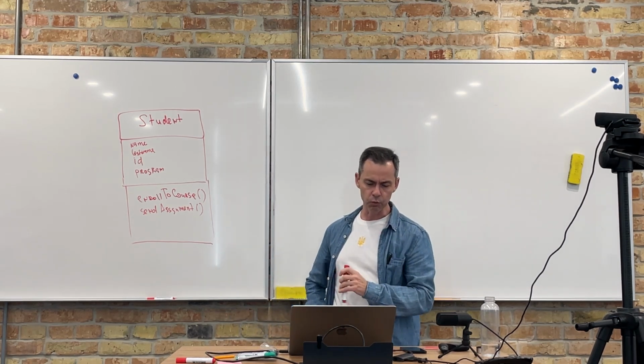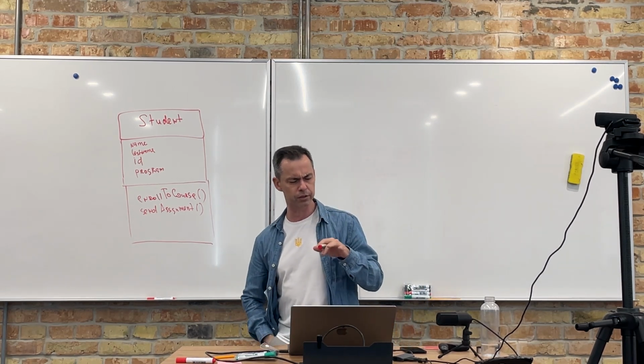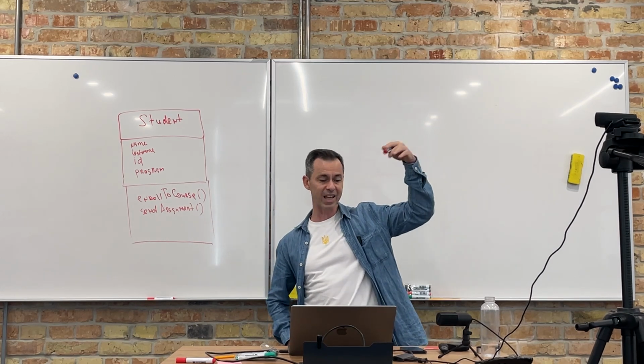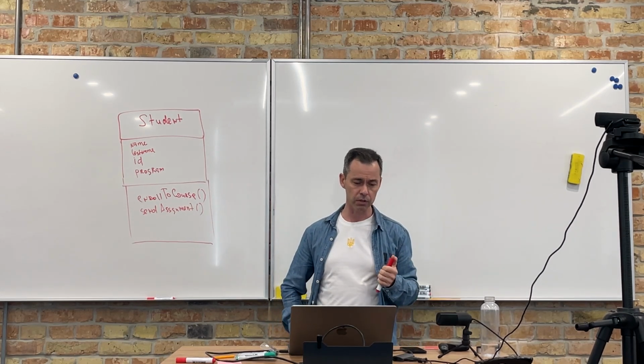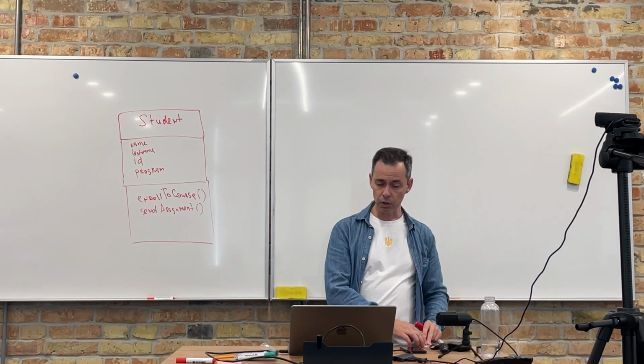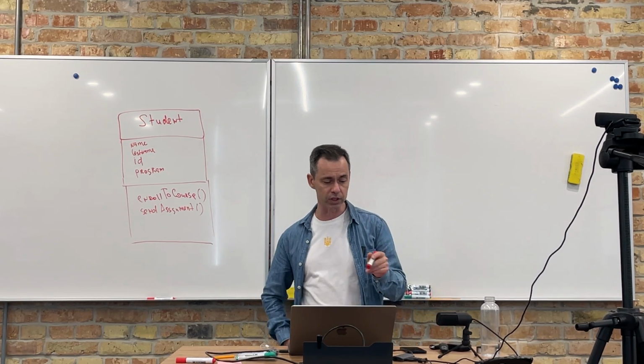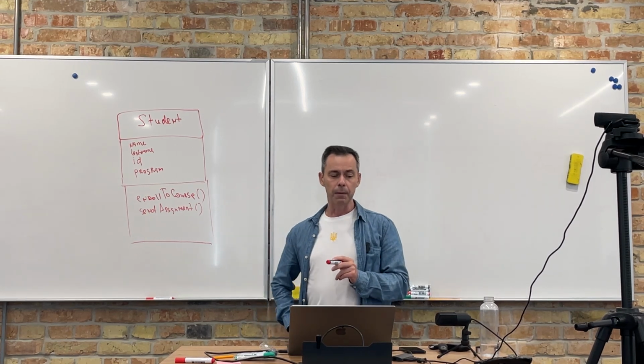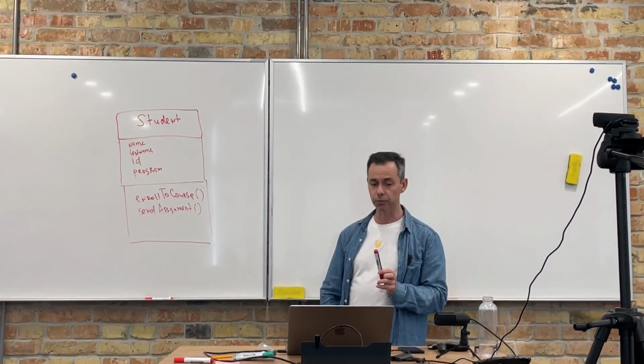So again, I will try to jump to these quite abstract concepts about object-oriented programming. Nevertheless, I will try to explain that. Encapsulation is the first idea of object-oriented programming.